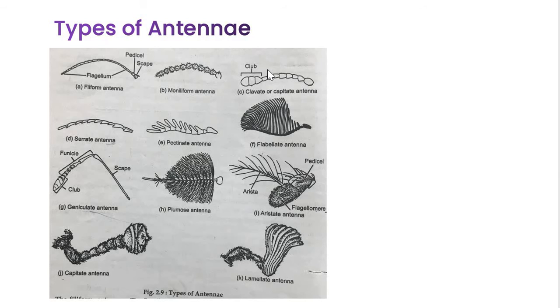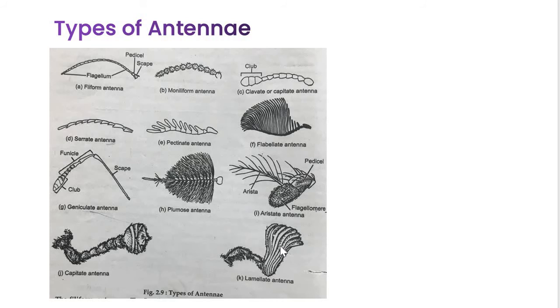After that, the next type is the lamellate antenna. In the lamellate antenna, the terminal segments of the flagellum are modified into leaf-like broad plates forming a foliate capitulum. Here you can see in this diagram the lamellate kind of antenna.